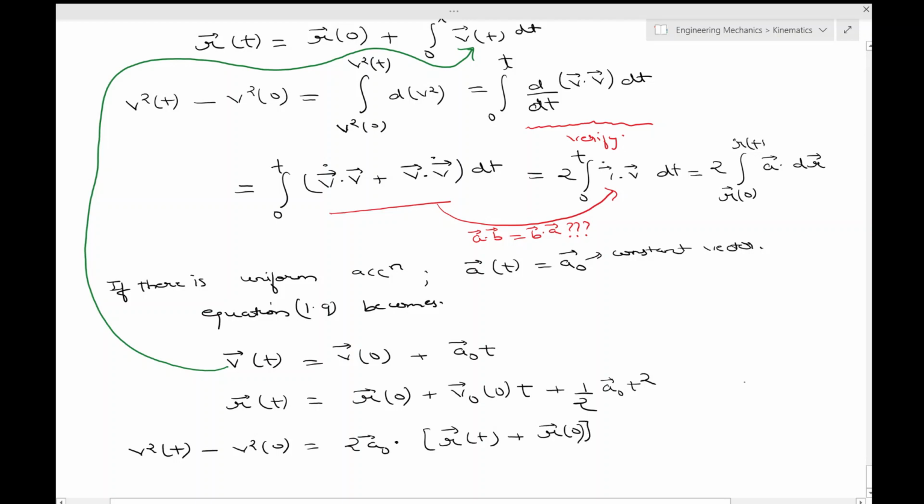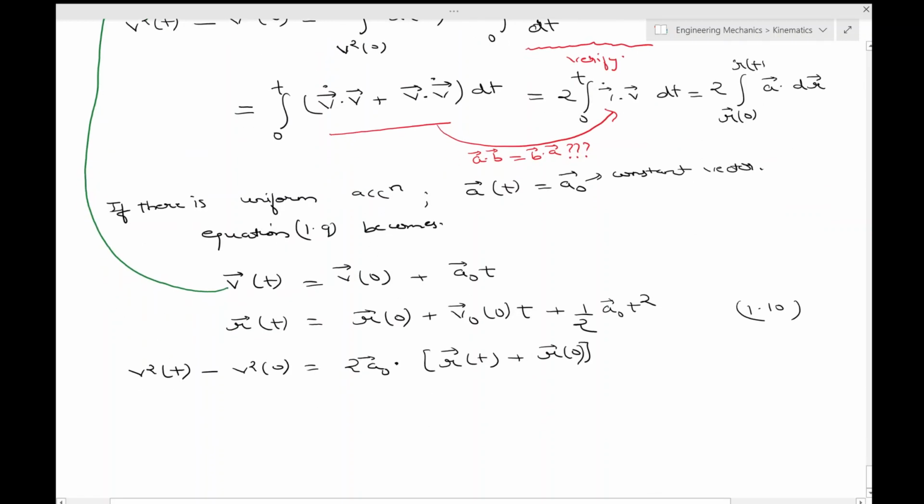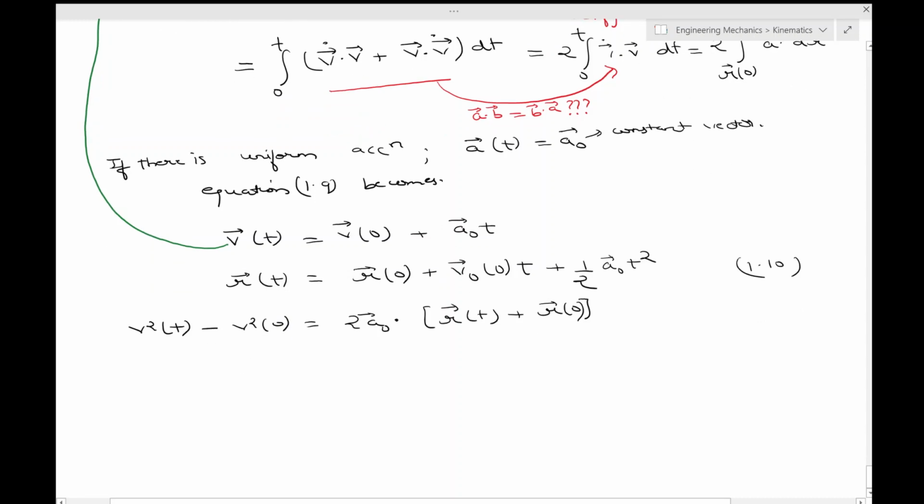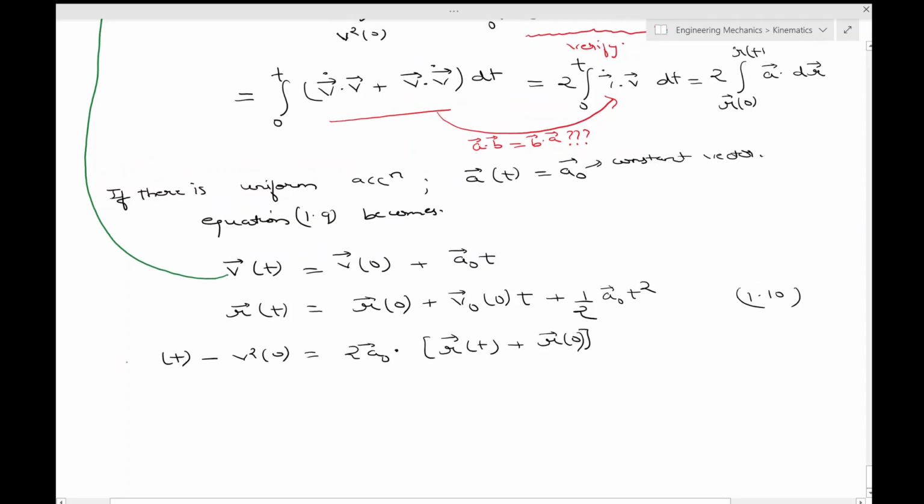So this is equation 1.10. This is what we get if you have the acceleration as a constant vector, meaning it's both constant in magnitude and direction.